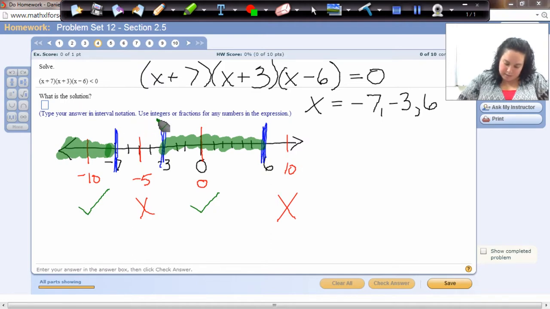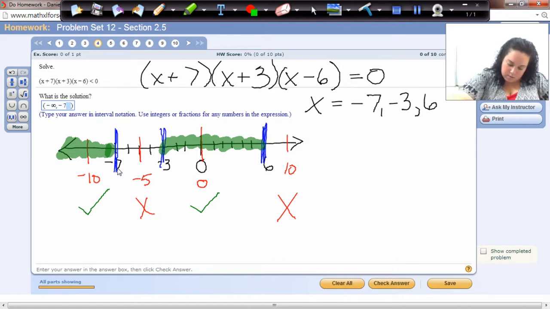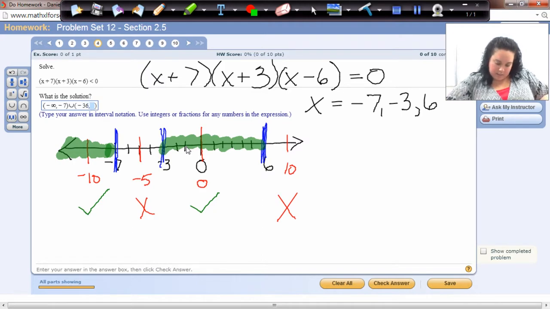It says type your answer in interval notation. Use integers or fractions to express any number. So we know that we need to go from negative infinity all the way to negative 7, and then we also have, union, this region right here, negative 3 to 6.